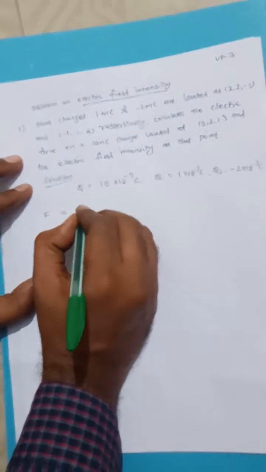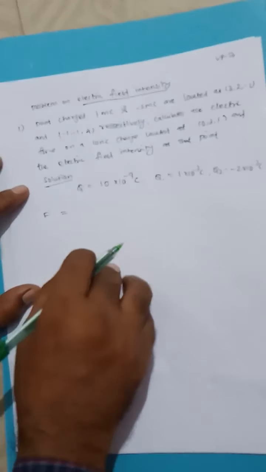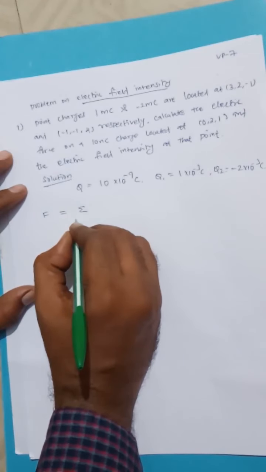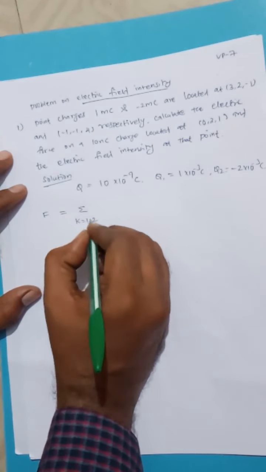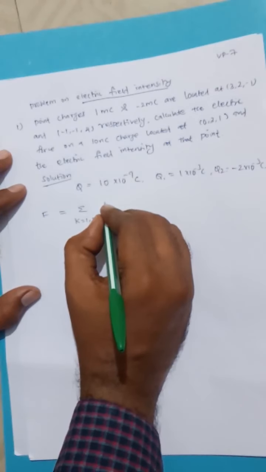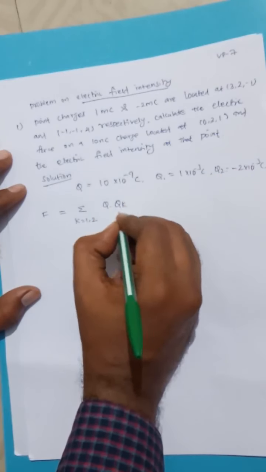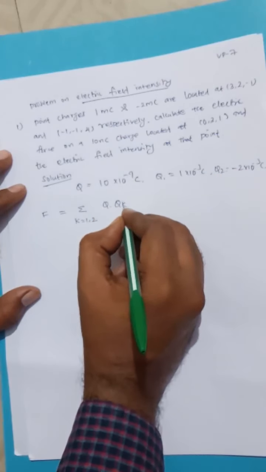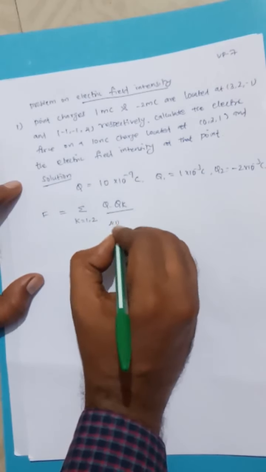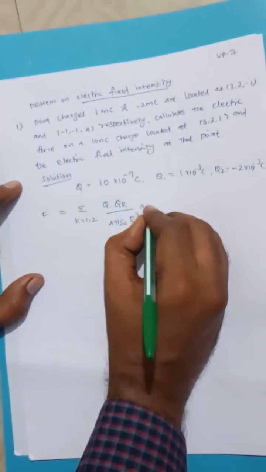Force is given by, since there are 2 charges acting upon that point (0, 3, 1), we need to add them, right? So for that, the simple formula is F equals Q into Qk, the different charges Q1 and Q2, divided by 4 pi epsilon r square, into unit vector a_r.